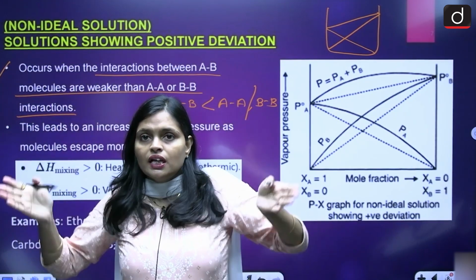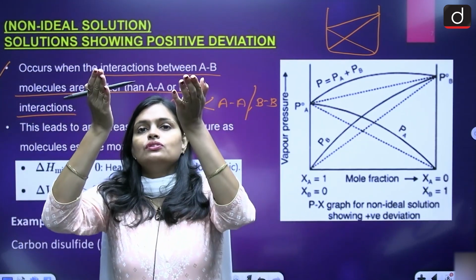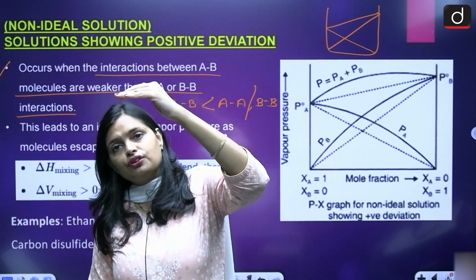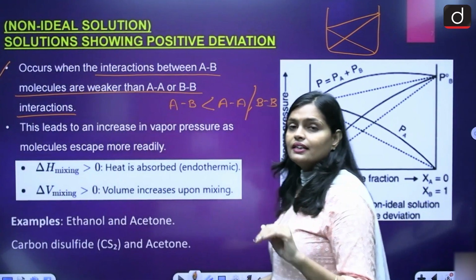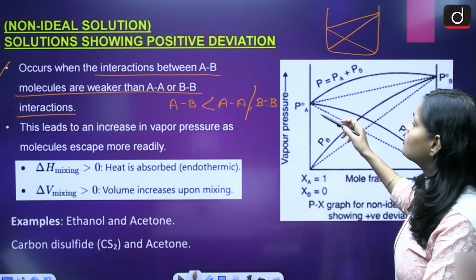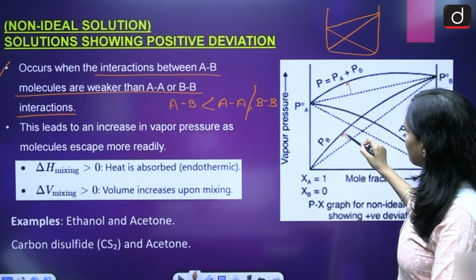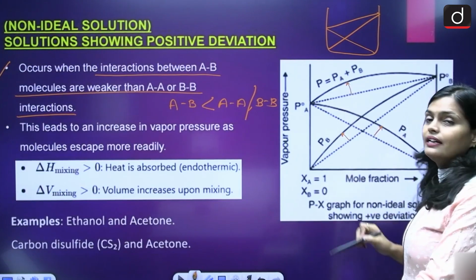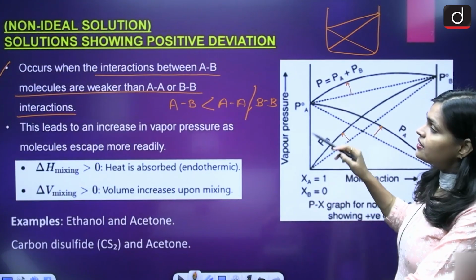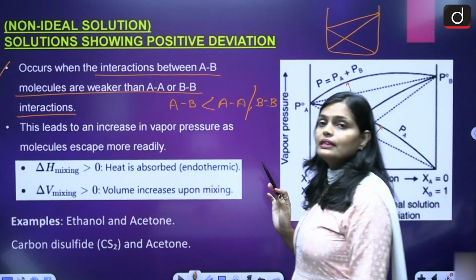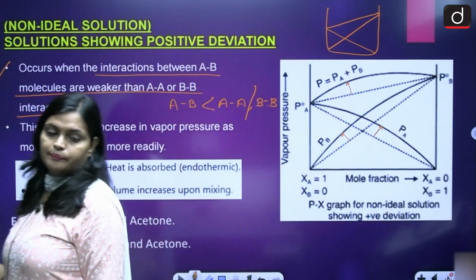So obviously the vapor pressure of the solution increases, and in the graph you will get the positive deviation. See, the line increases. So this leads to an increase in vapor pressure as molecules escape more readily.